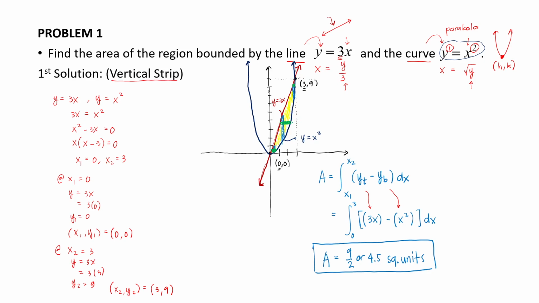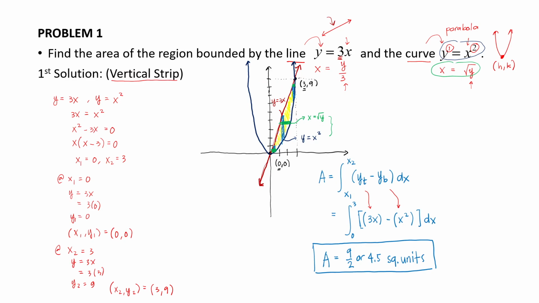Now for the right side of the equation, since we are now in terms of y, we first represent the curve. This one is x equals square root of y. See the difference between the two equations, right? It's just rearranged. It could be in terms of x or in terms of y, whichever strip you are using.